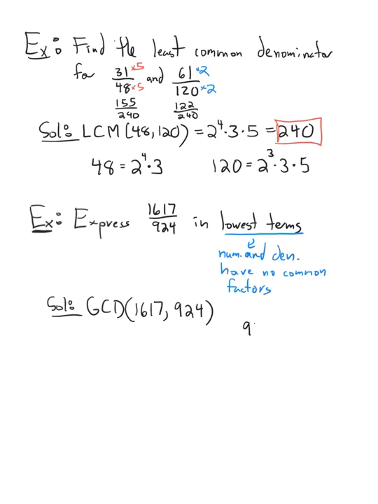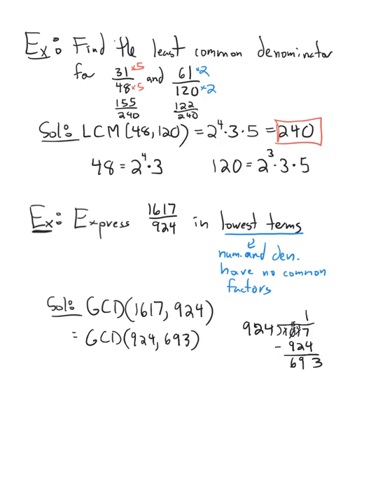We'll divide the smaller one into the bigger one, 924 into 1,617. It goes once. We subtract. 7 minus 4 is 3, 11 minus 2 is 9, 15 minus 9 is 6. So we need the greatest common divisor of, we can think of it as 924 and 693 now.